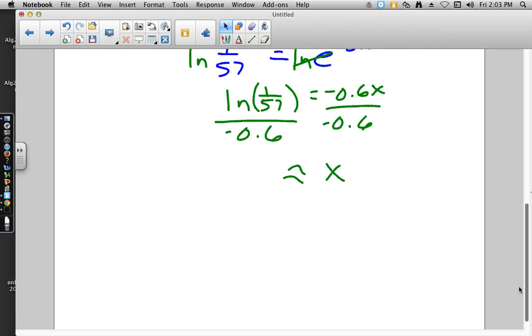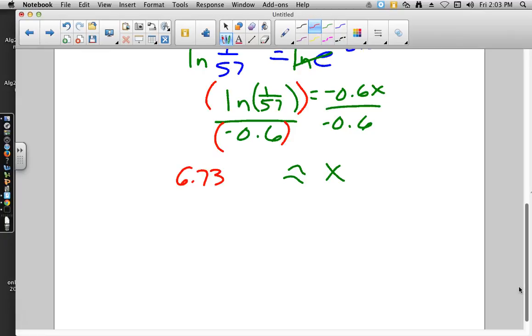Again, if you want to punch it in all at once, make sure you're using parentheses. The calculator doesn't understand that we need to do everything in the numerator before we do any division by the denominator. And that comes out to approximately 6.7384. Beautiful. And that's the end of your list.